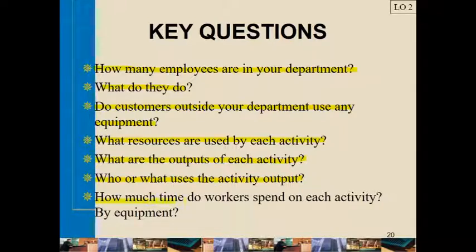And then the last question is, how much time do workers spend on each activity? And then is it by equipment? So in this case, ang makuha nimo nga information is in relation na to the assignment of your cost of labor and the equipment to your activities. So, okay, how much time naman ang gi-spend nila?